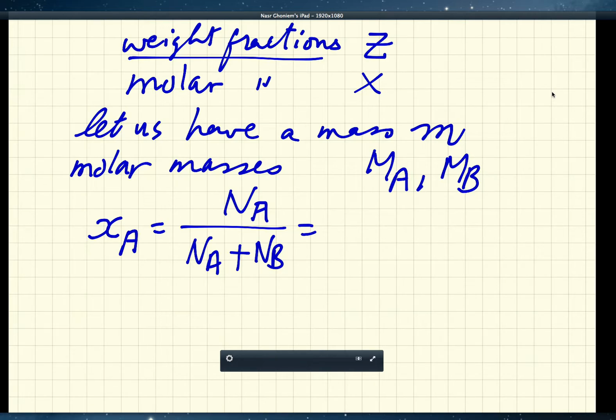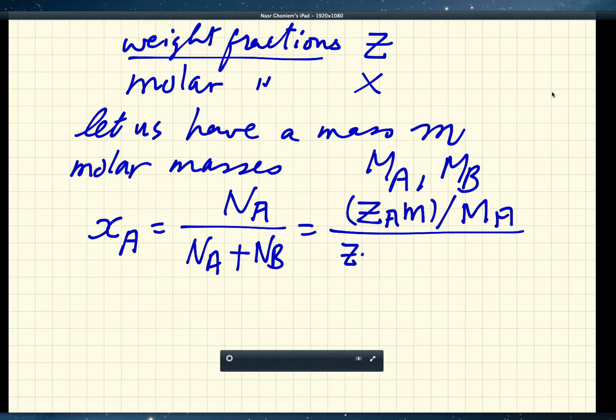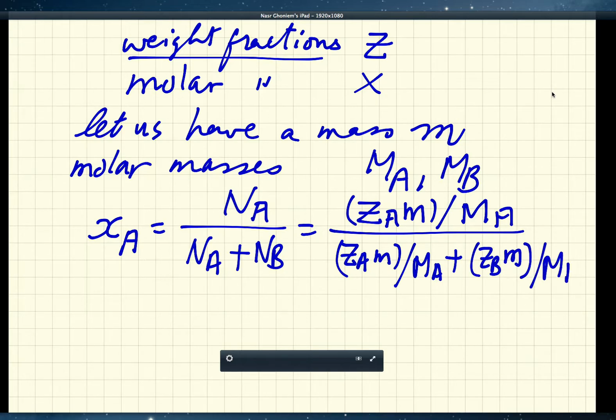And N sub A is Z, the weight fraction of element A times its mass, divided by M sub A, which is the molar mass. And this will be ZA times M over MA plus ZB times M over MB.